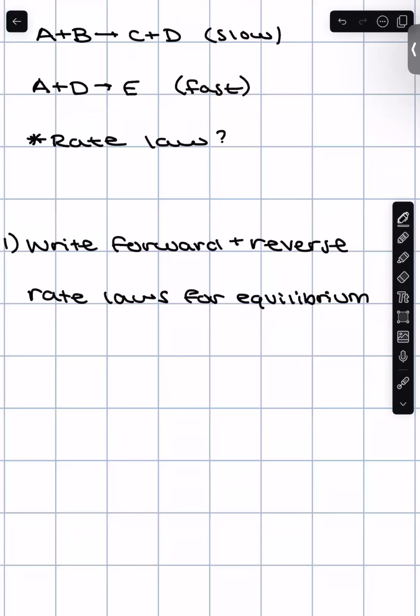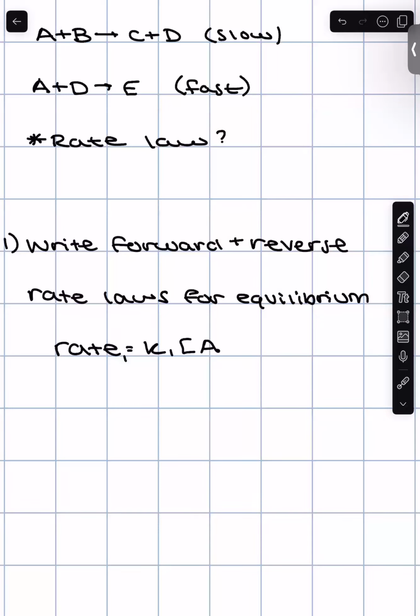So, I can put these rate laws equal to one another because these are elementary reactions. Remember, we can just determine the order by the coefficient on this side.